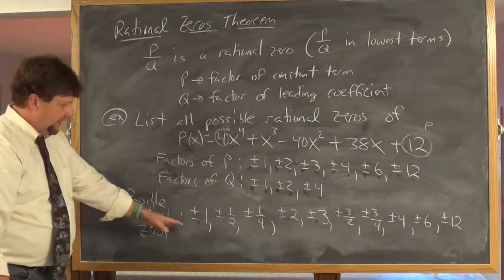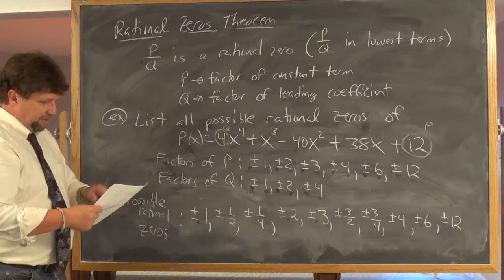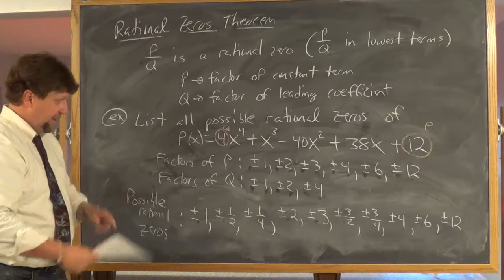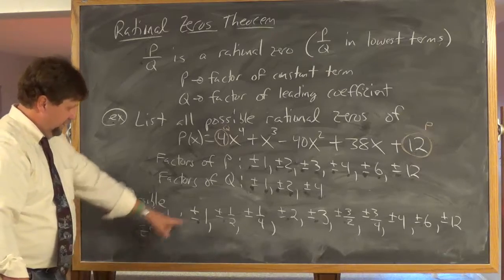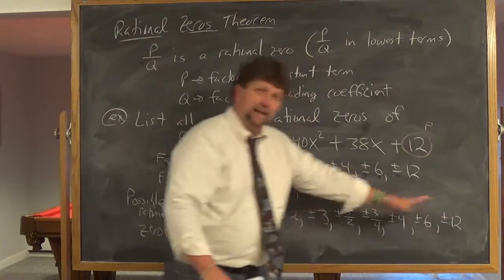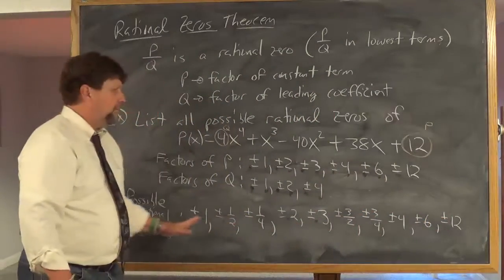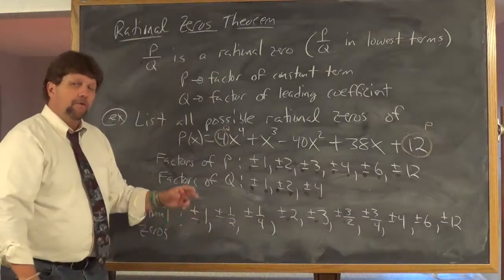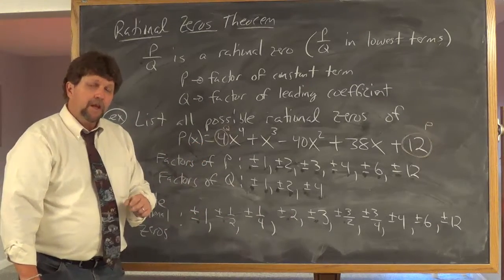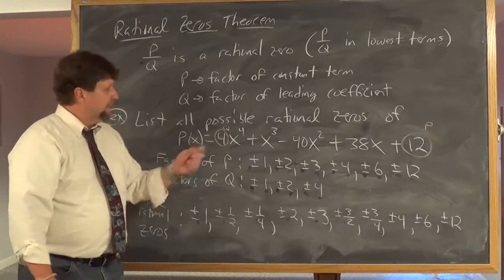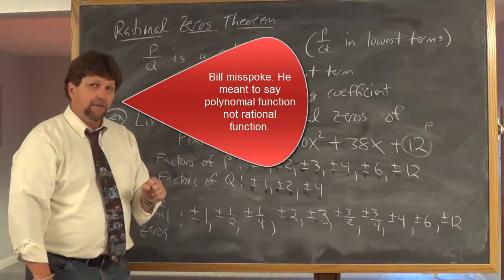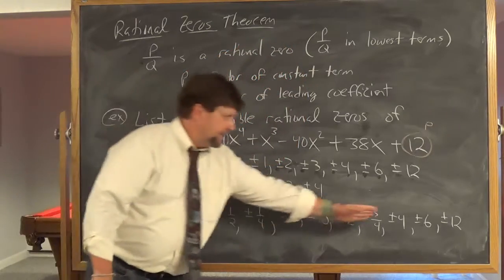So this list here, 1, 2, 3, 4, 5, 6, 7, 8, 9, 10. Counting plus or minus, there are 20 possible rational zeros for this polynomial function. To put it another way, if this polynomial function has a rational zero, it's in this list.